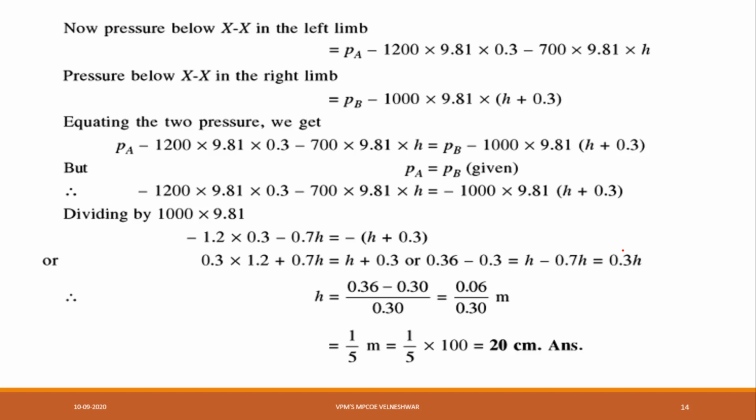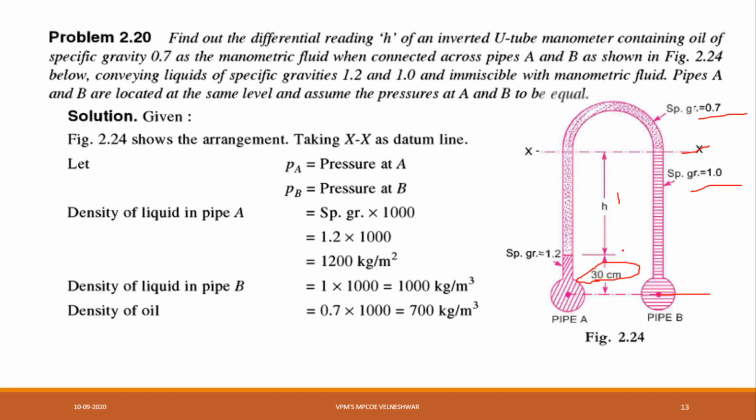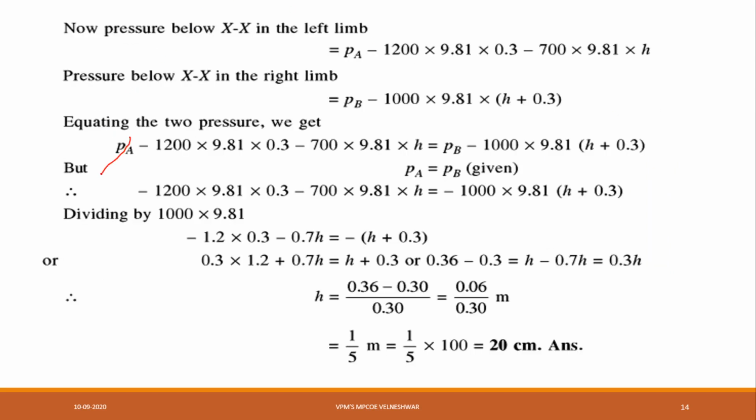Since pressures at A and B are equal, PA and PB cancel, and I take the remaining part. By calculating all this, I get the value of height as 20 centimeter.